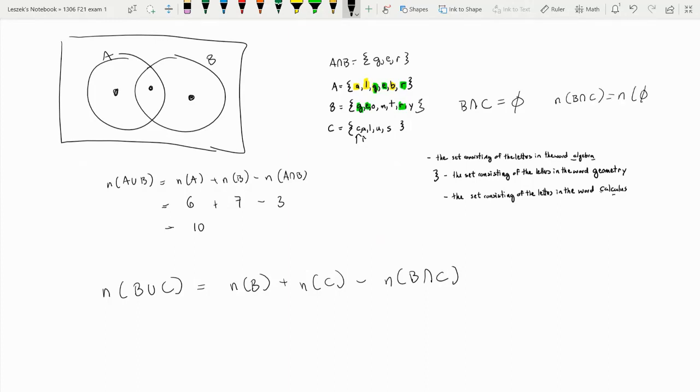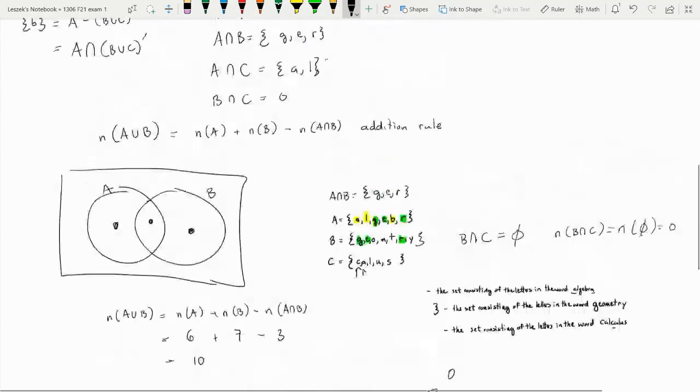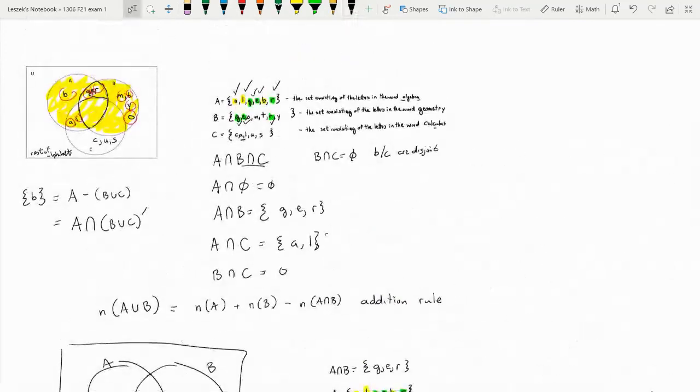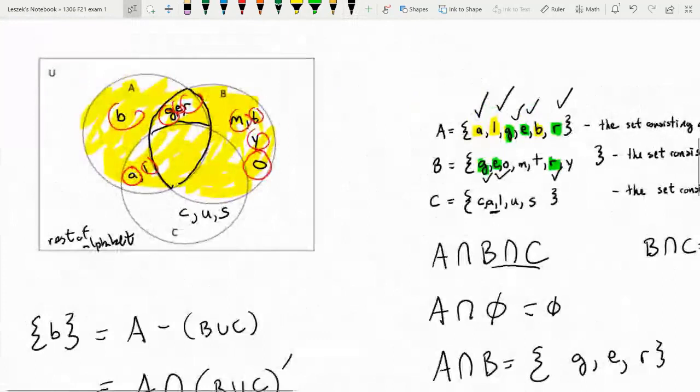Well, the number of things in the empty set. Well, obviously 0. It's an empty set. So this addition rule simplifies in a sense because, for disjoint sets, the intersection is empty, so we can just leave that out. So that's just 6 plus 7, 13. Right. And again, if I didn't make another mistake, we expect 13 letters here.